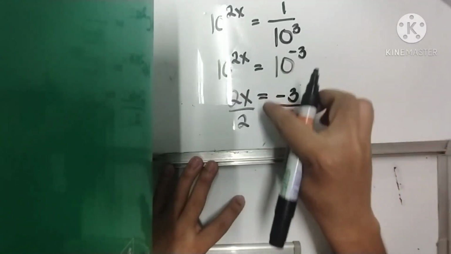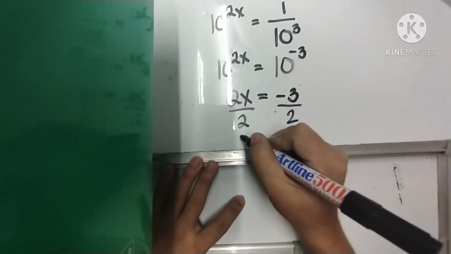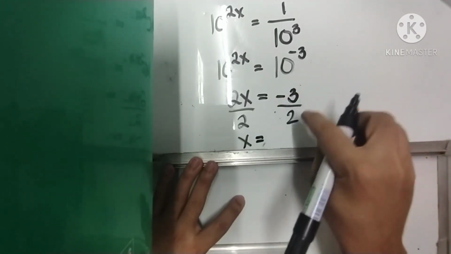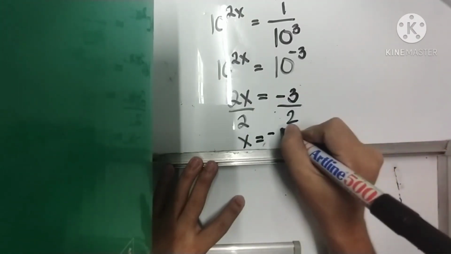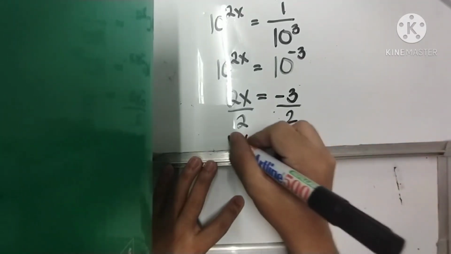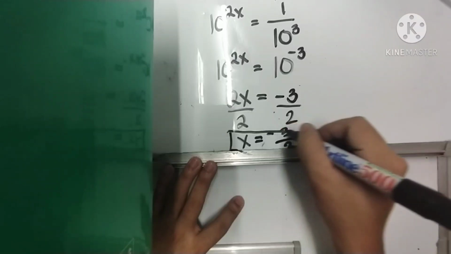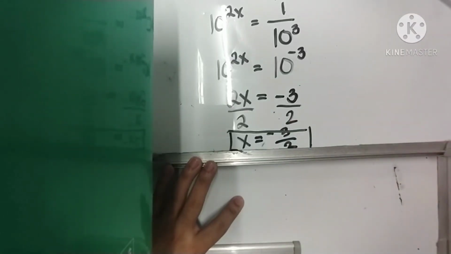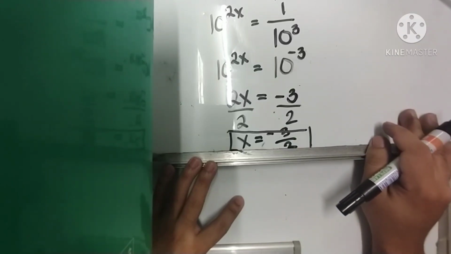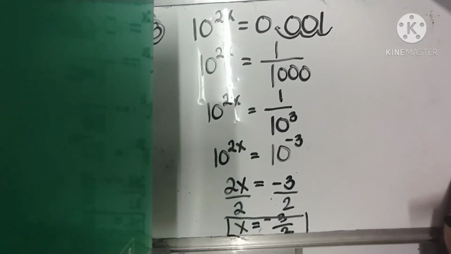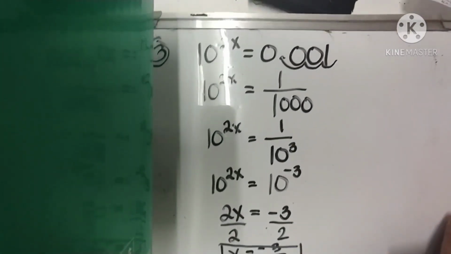So 2x divided by 2 is x. Then negative 3 divided by 2 is negative 3 over 2. So now this is the value of our x, which is negative 3 over 2.